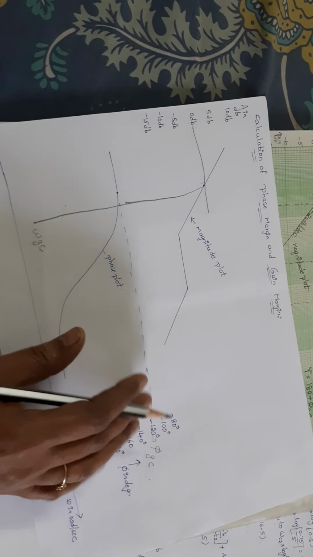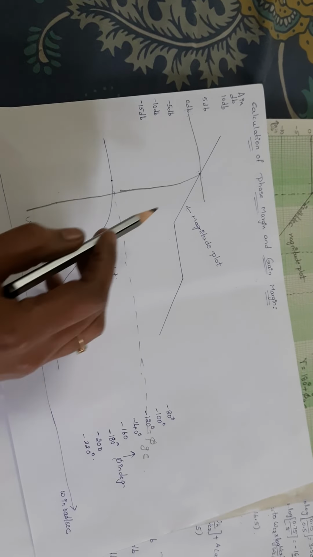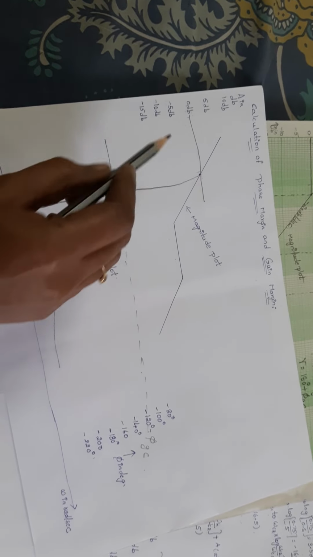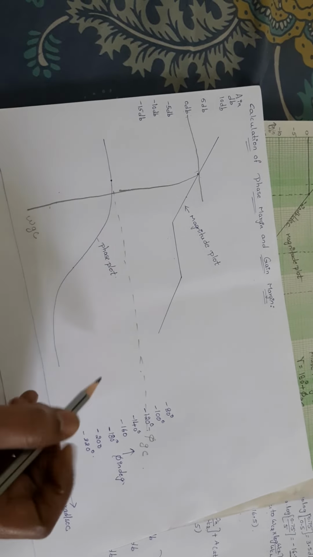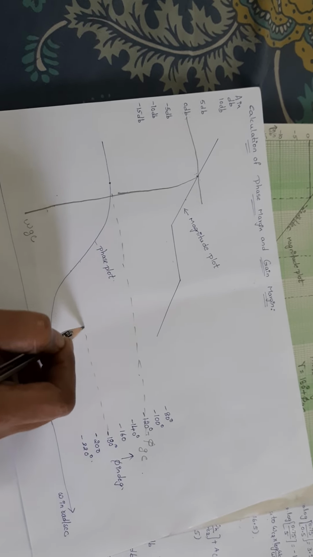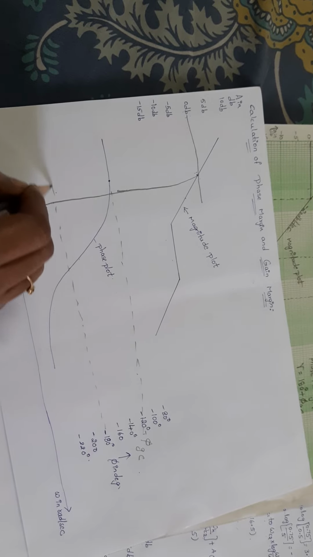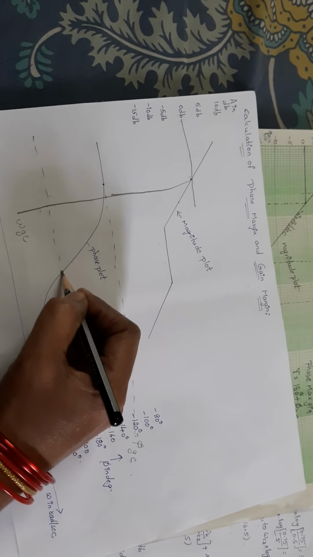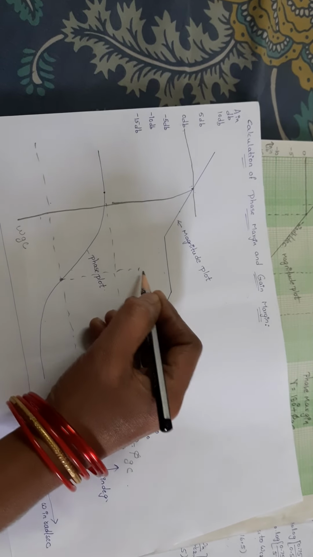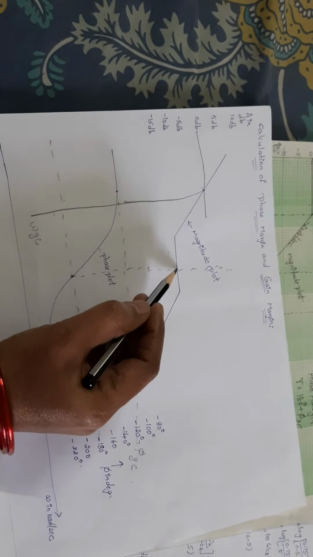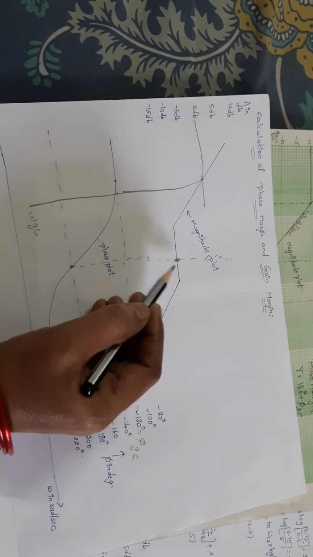Next, for the gain margin, from 180 degrees you draw a line that touches the phase plot, and you extend it up to here. So it will touch the magnitude plot here.